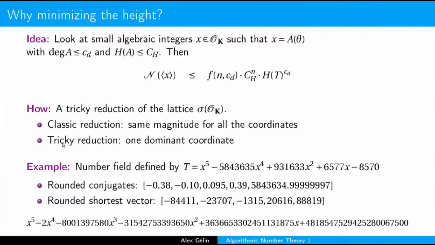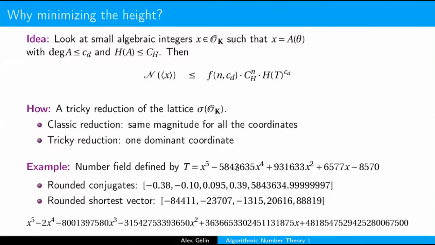This is a very nice polynomial. It was my best friend during my PhD. Look at the conjugates. They are all between -1 and 1, except the last one, that is almost the largest coefficient of the polynomial. And here we see that the polynomial has small coefficients.